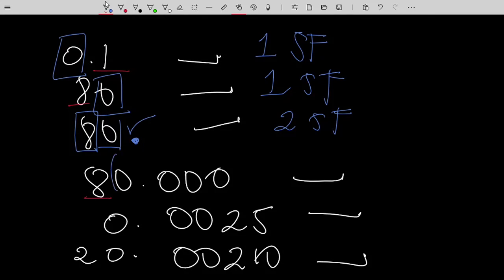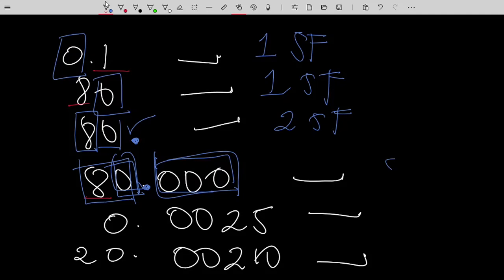Now how about your 0 here and your 0 here, knowing that we have a decimal point here? Now we all know this 0 here is actually a significant figure. How about the 0 right here? Now, when trailing zeros follow a decimal point with a leading non-zero, then these are actually significant figures. Now here we have 5 significant figures.